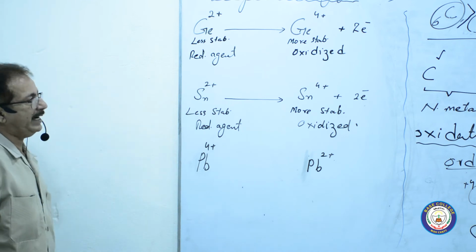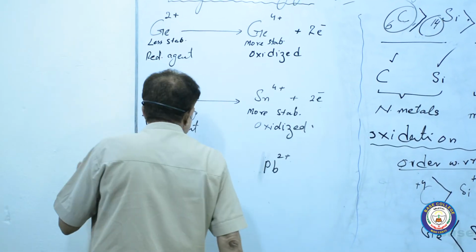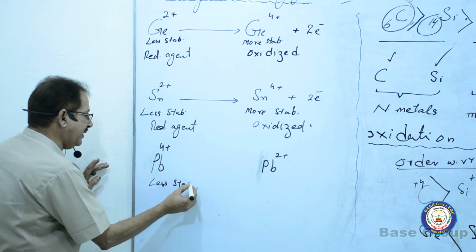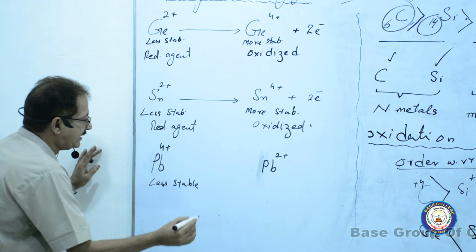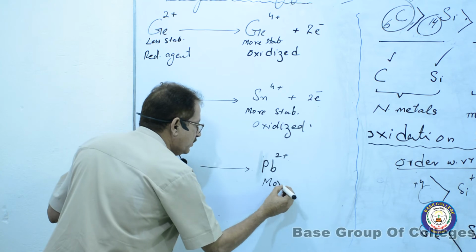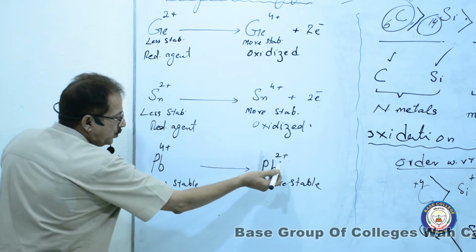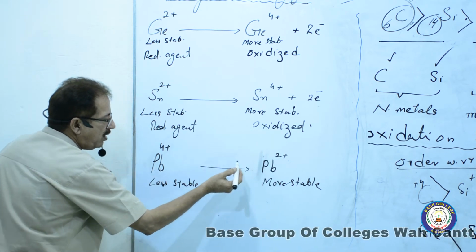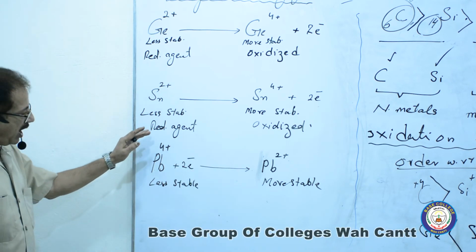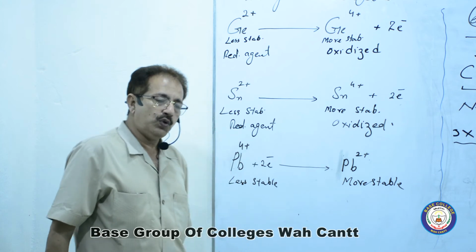Pb 2 positive with Pb 4 positive. Here Pb 4 positive is less stable. It is going to be changed into Pb plus 2, that is more stable. But how? By getting 2 electrons from any other species, so it will gain 2 electrons from the other species, and its charge will change from 4 positive to 2 positive.